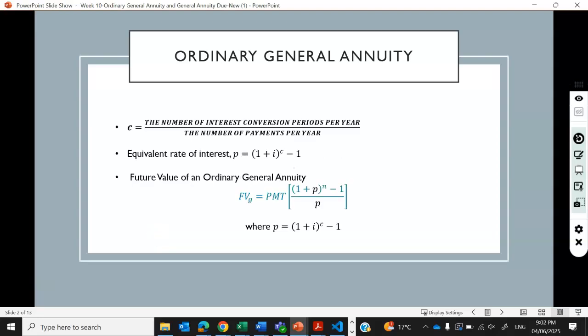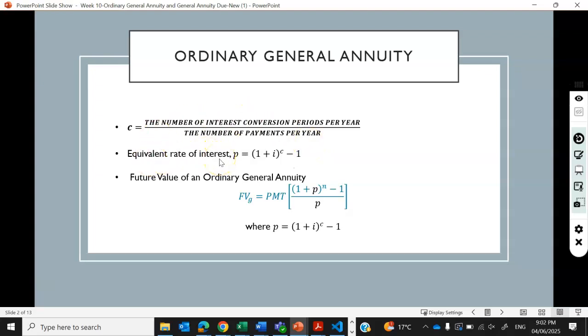Now, since the payment period and interest compounding periods are not the same, first we will find the ratio between them. So C is the ratio of the interest conversion period and the number of payments per year.